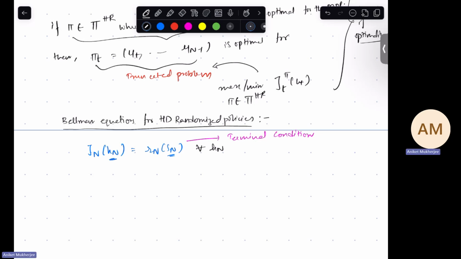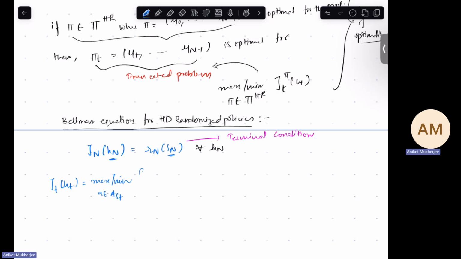Okay. And next you do this for JT HT equal to max or min, depending on whether you are maximizing your reward or minimizing your cost, A belongs to A S T, such that your one step reward plus J T plus 1 HT plus 1.